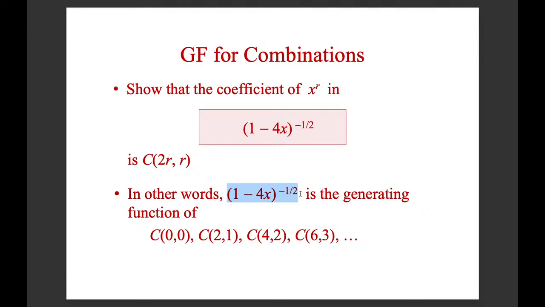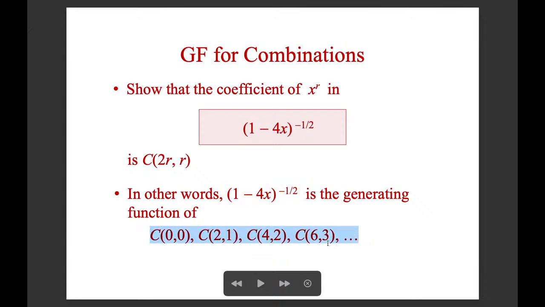This will be the polynomial that helps us generate the terms C(0,0), C(2,1), C(4,2), C(6,3), and so on and so forth. So this is the generating function of this sequence of numbers.